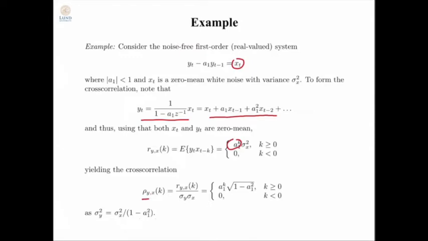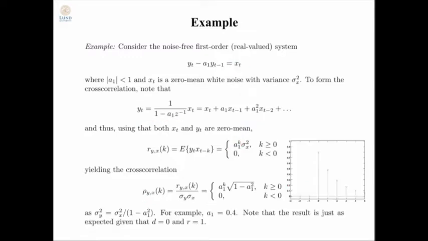For the ACF, I have exactly the same. It starts at 0, and then an exponential decay kicks in, looking like this. This tells me in this example that I have no delay, so d is 0, and since the exponential decay is there, r is equal to 1.